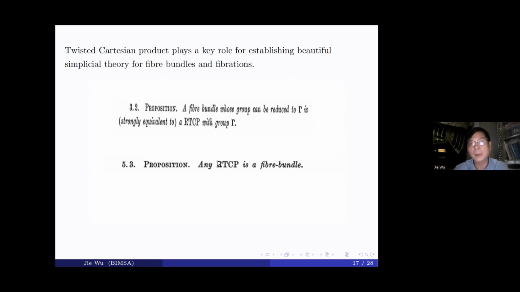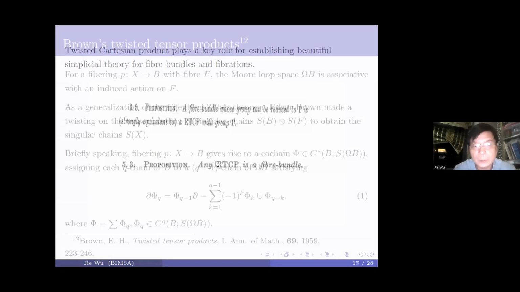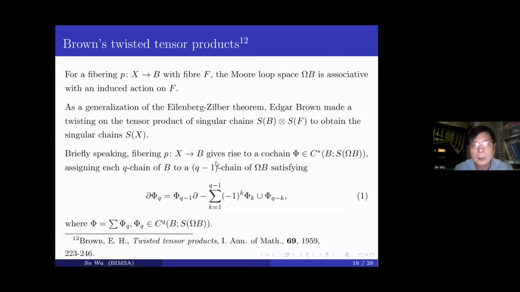So that's the one classical paper I mentioned. Actually, there's another famous classical paper, also from 1959, called twisted tensor products, given by Brown. That is one of his famous works.